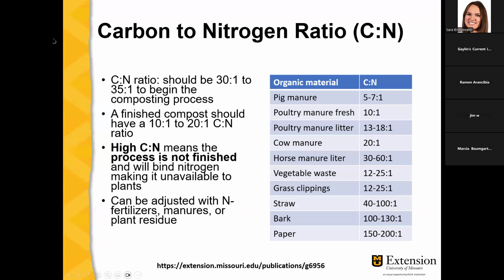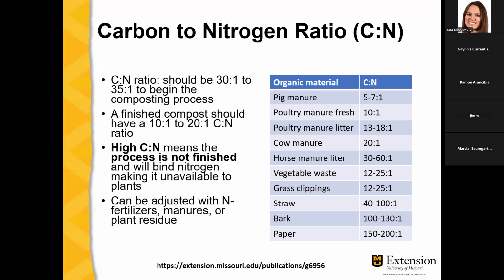When we talk about carbon to nitrogen ratio, here there is a table with different carbon to nitrogen ratios depending on the origin of the organic material, like pig manure, poultry manure, cow manure, etc. Some materials have a very high carbon to nitrogen ratio, meaning they are very low in nitrogen and have a lot of carbon.